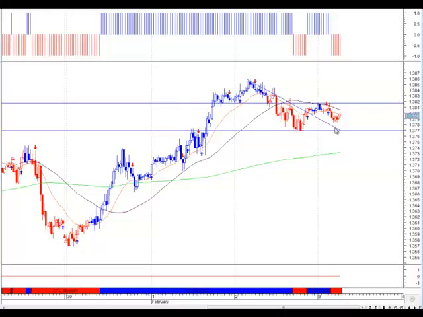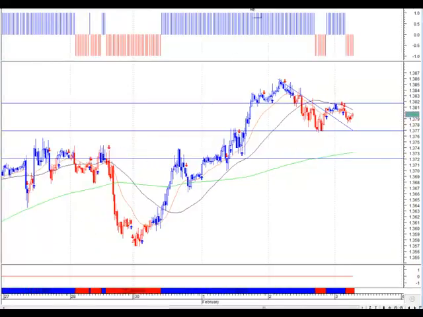So a bit of a hesitation, a bit of negative sentiment coming in. It's in a holding pattern as we speak. I think if we can still trade above the 200 period moving average, it still bodes well for this pair going forward. But the moment we start trading well below that, then we're going to start seeing changes.